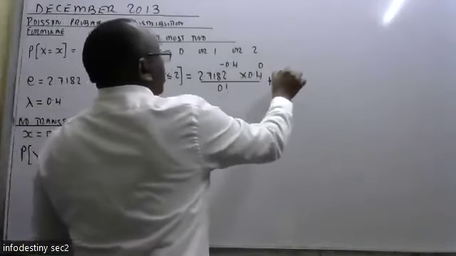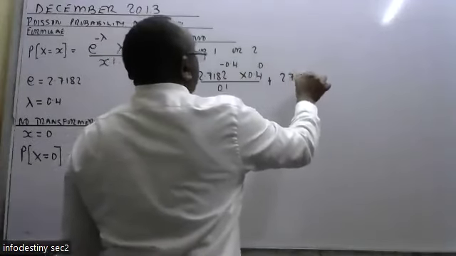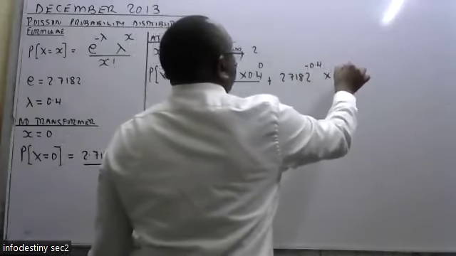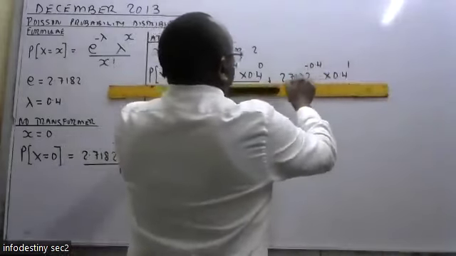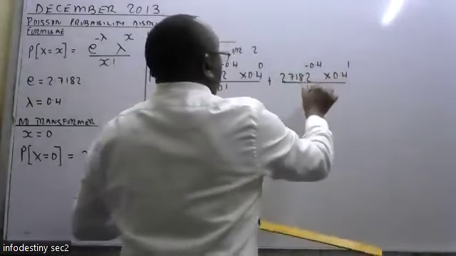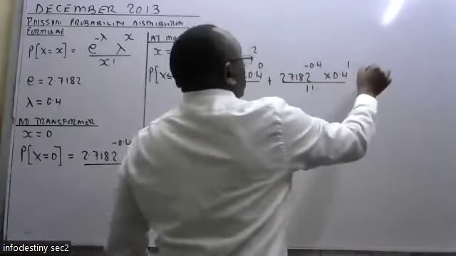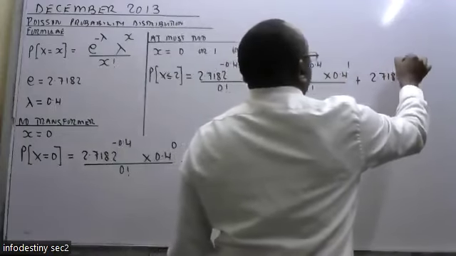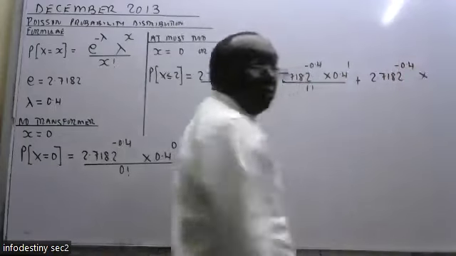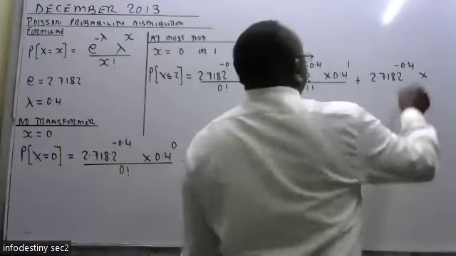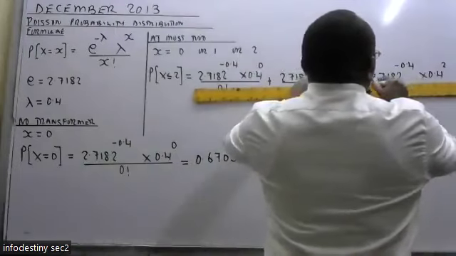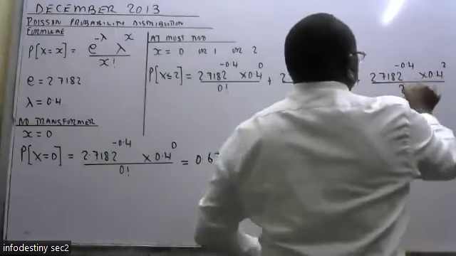Then you add 2.7182 raised power minus 0.4 times 0.4 raised power 1, you divide by 1 factorial, plus 2.7182 raised power minus 0.4 multiplied by 0.4 raised power 2 divided by 2 factorial.